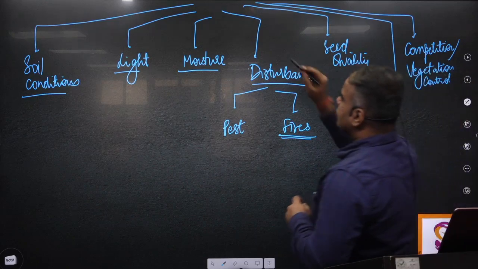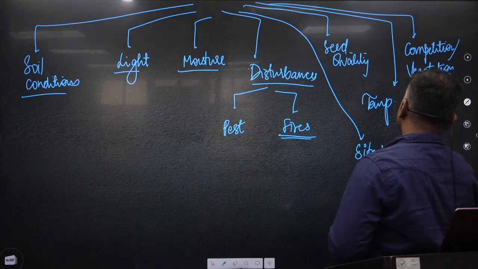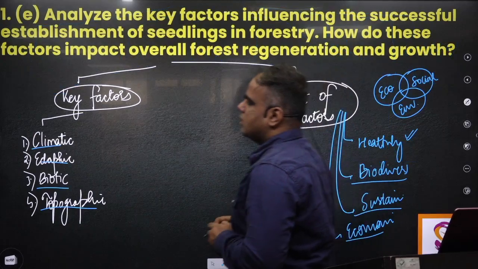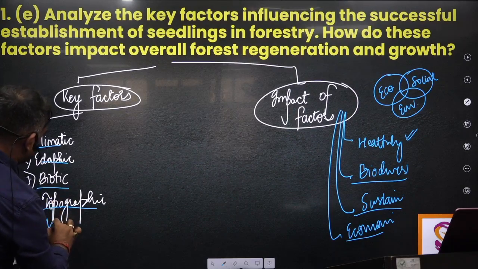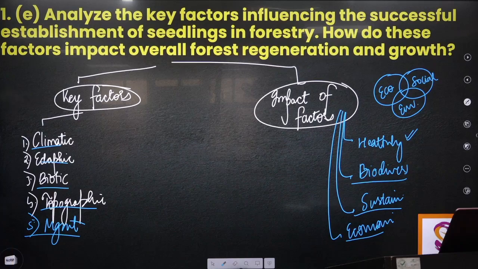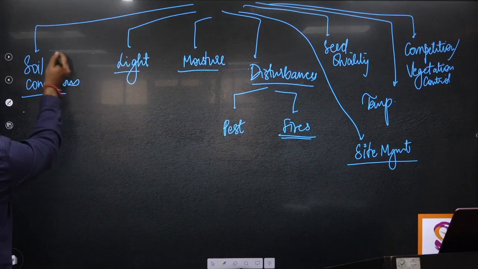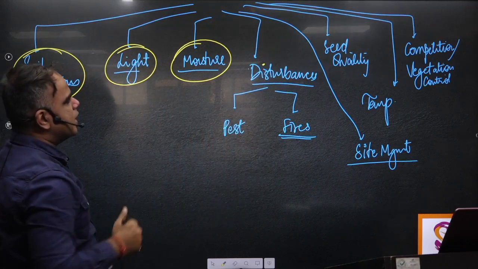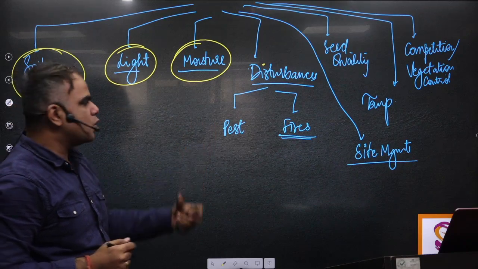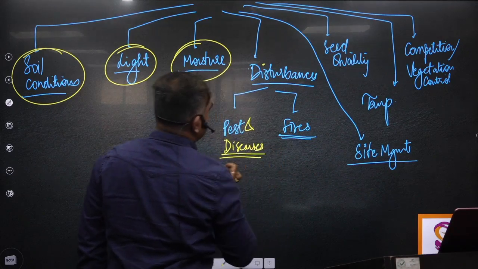And lastly, overall with respect to the management of site management or silvicultural management. Okay, in fact the fifth part that you can even add here is something related to management. Okay, so almost all these dimensions have been covered when I'm writing like this. So for each of the part you can explain and move forward. Okay, right from soil conditions to the light to moisture to the disturbances. Okay, be it how good is the pest and disease control, how are the diseases going to be managed, etc.